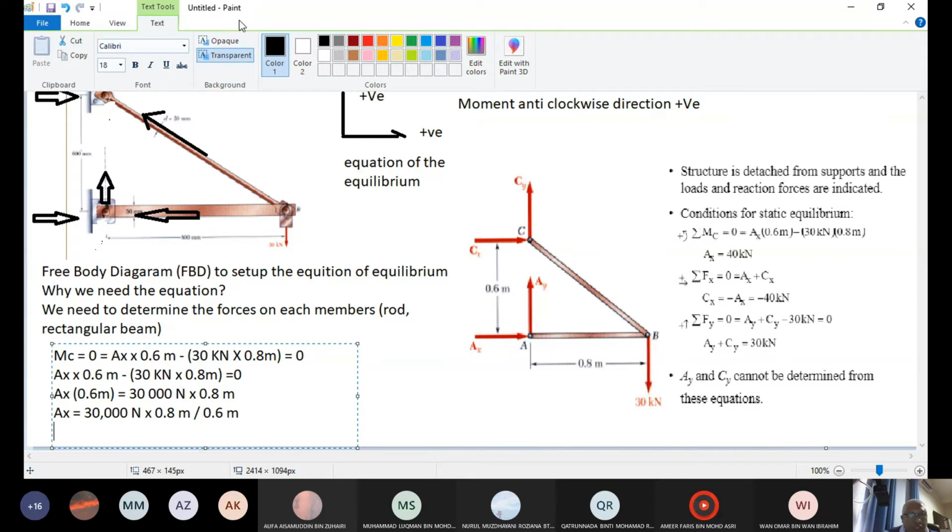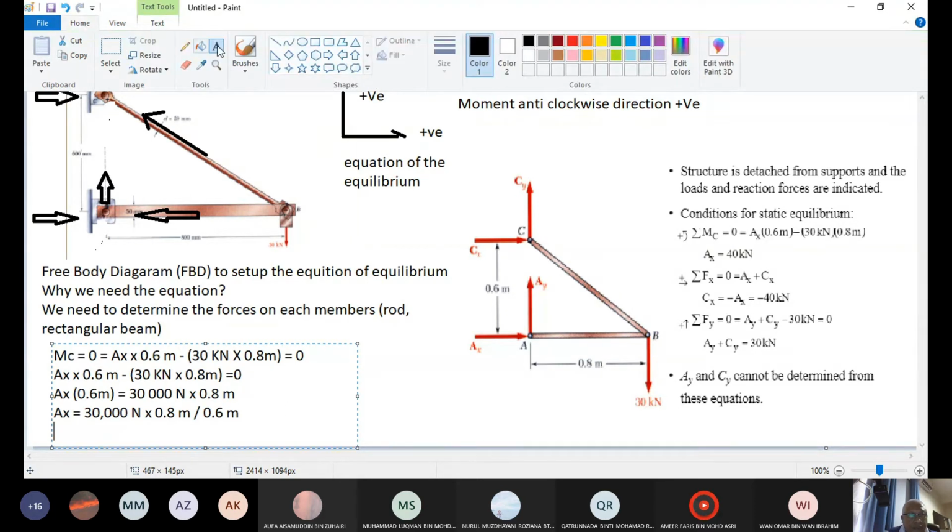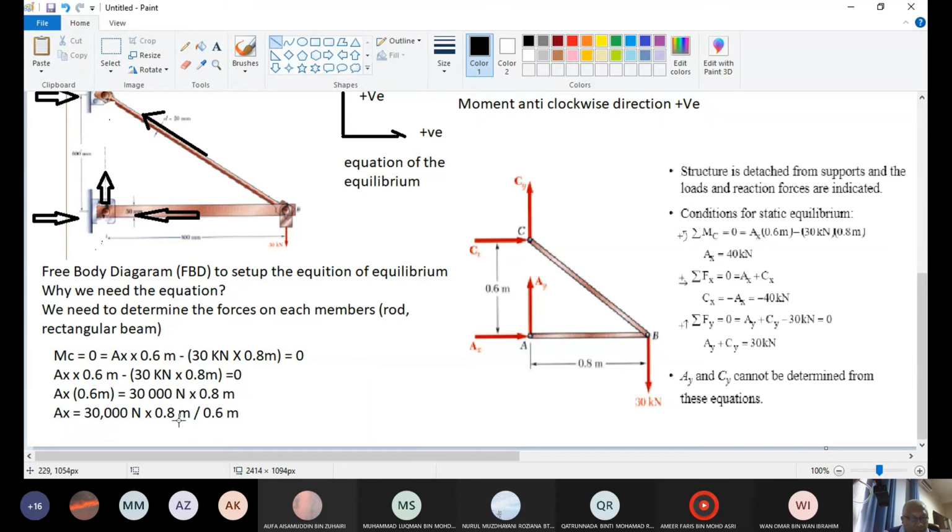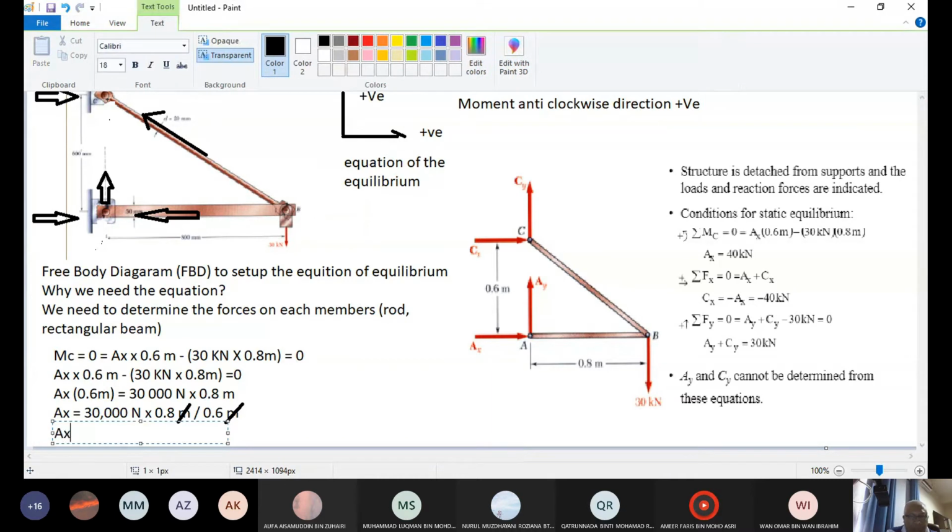So if you cancel the meters, you get Newton. So you got Ax equal 40,000 Newton, equal to 40 kilonewton.